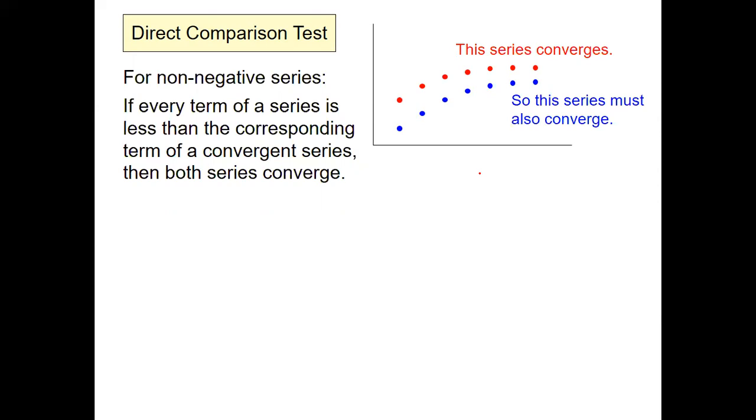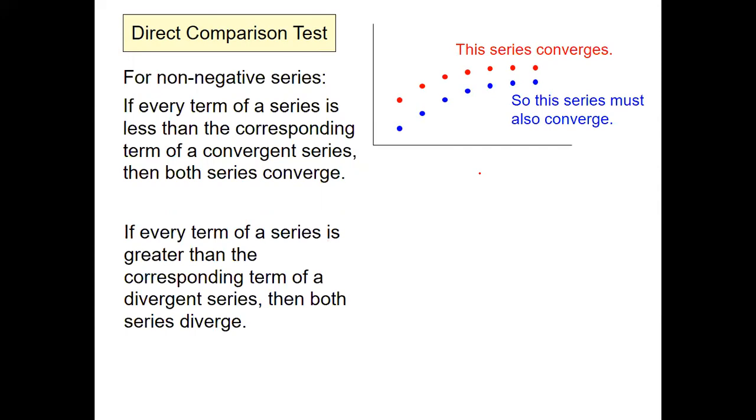So for example, if I'm going to compare something to an e to the x series, and I know all of the terms in my series are going to be less than the terms in the e to the x series, I know what it converges to. That's that polynomial function that we know. Well, then the given one will also converge.